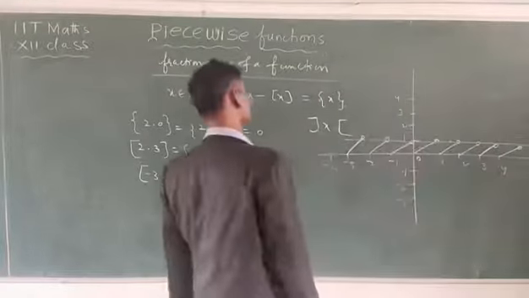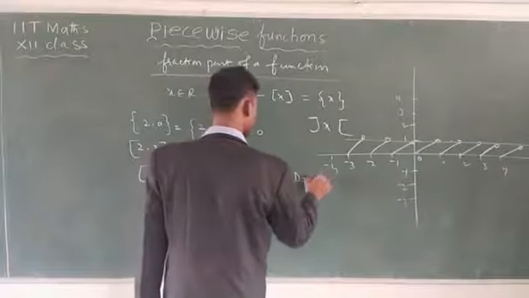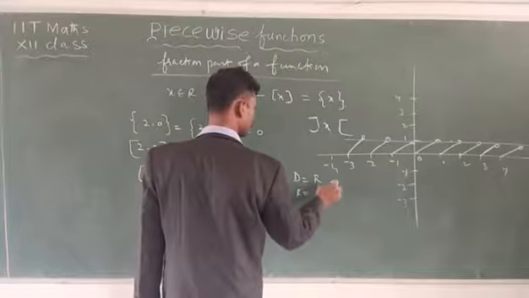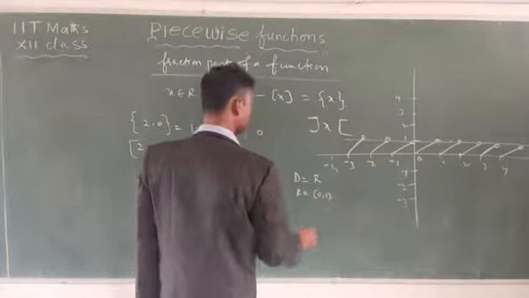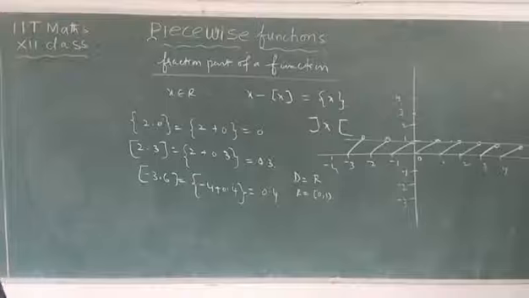This is the fractional part of the function. Here, what is the domain? The domain is R, and the range is the closed interval 0 and open interval 1. Now see here some properties you can check.